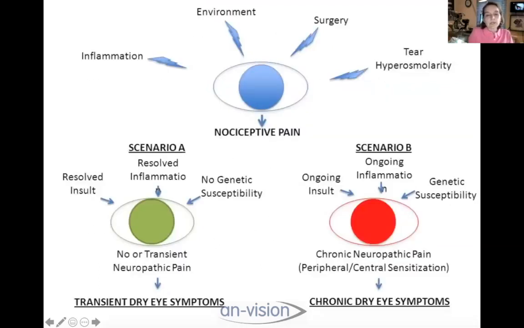If you have an ulcer and this ulcer has healed, then your transient dry eye symptoms are gone. But when you have scenario B and you have ongoing inflammation or an ongoing insult or genetic disability, you have chronic dry eye syndrome.